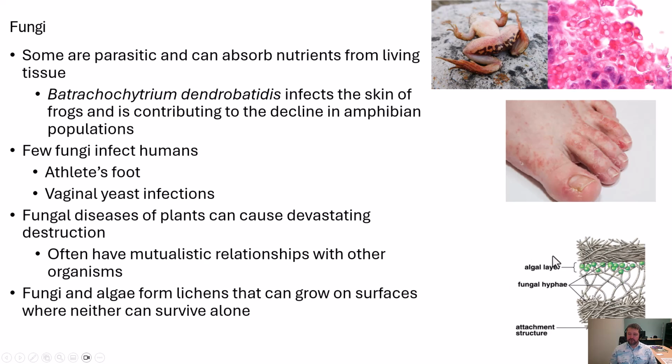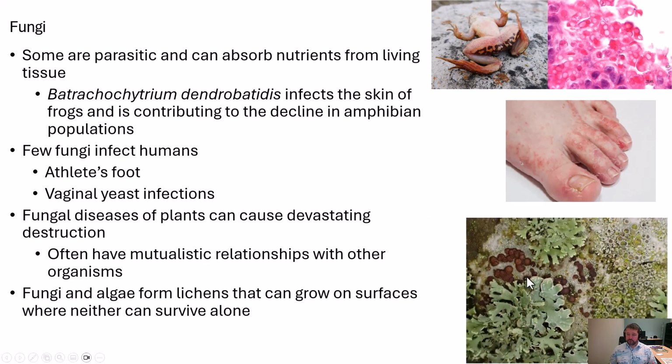The alga is typically the photosynthetic organism, doing photosynthesis, making carbohydrates, and the fungus is normally consuming something that they're attached to. This could be something like a tree, it could be a rock, and so these are just examples of lichen.